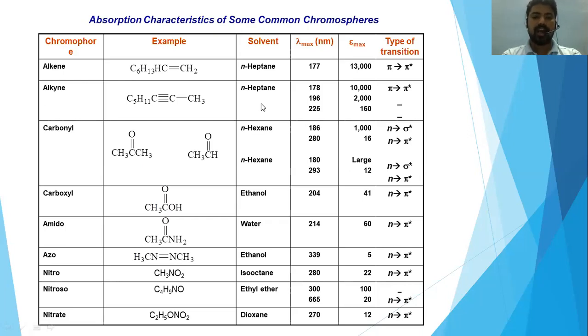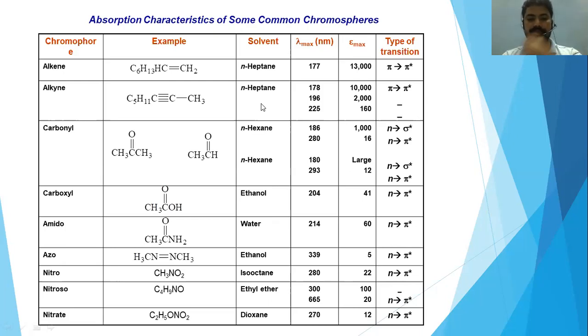Where the carbonyl carbon is bonded with two other carbon atoms of different alkyl chains, or alkyl moieties, that would be a ketone. Wherever a carbonyl carbon is attached to an alkyl chain at one end and contains hydrogen at the other end, that would be an aldehyde, which we have already studied.